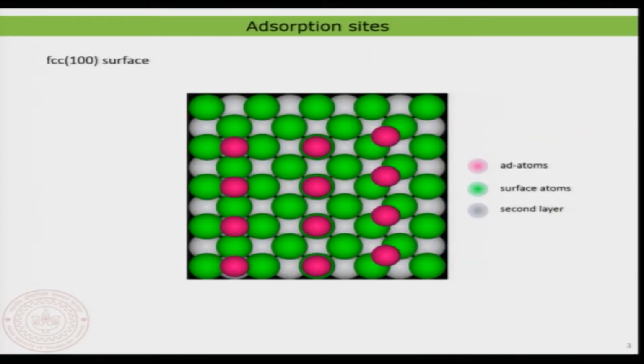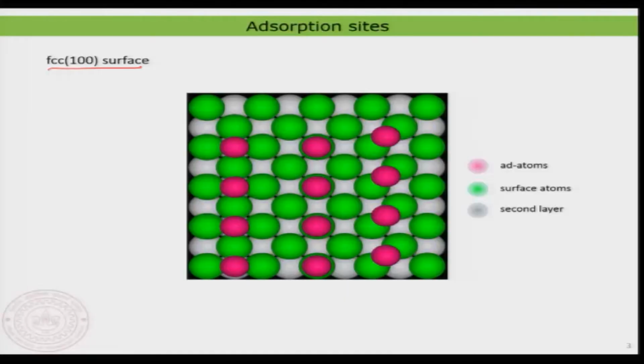Now, when it comes to the adsorption of an atom onto a surface, there are certain important things that you have to keep in mind. Remember that we are always going to deal with atomically flat crystalline surfaces. That means there is a particular symmetry for the surface, a particular way the atoms on the surface are arranged. Therefore, it is extremely important for us to define something called the adsorption site of the atom that is sticking to the surface.